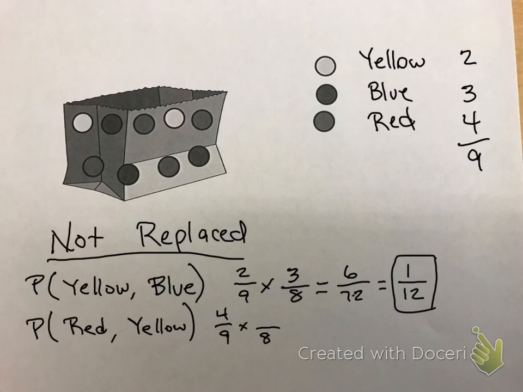Of those, there are 2 that are yellow, so we got to multiply 4/9 times 2/8. We get 8/72, which simplifies to 1/9.